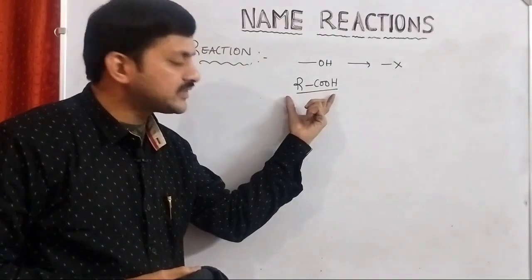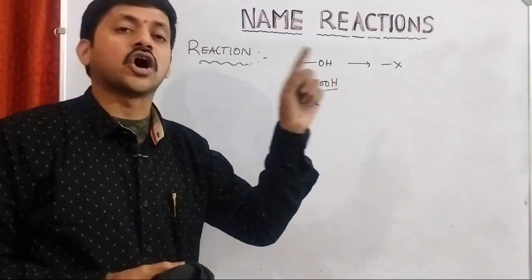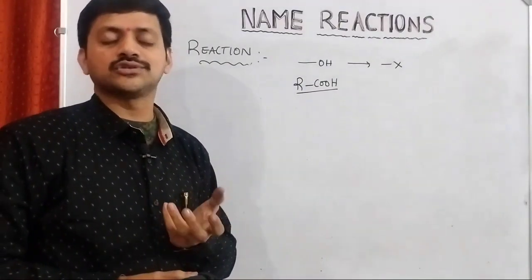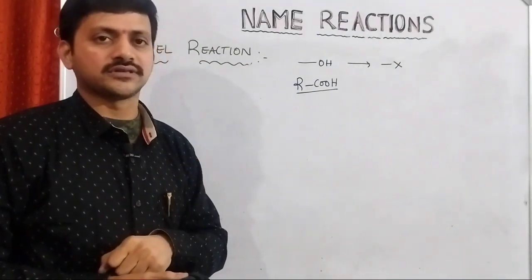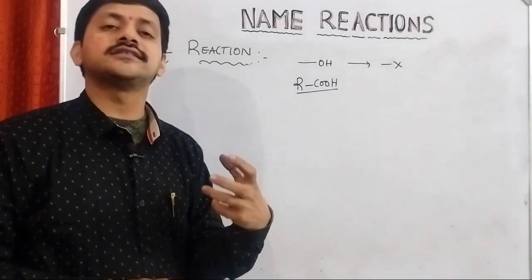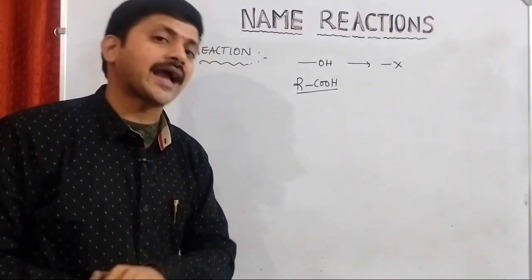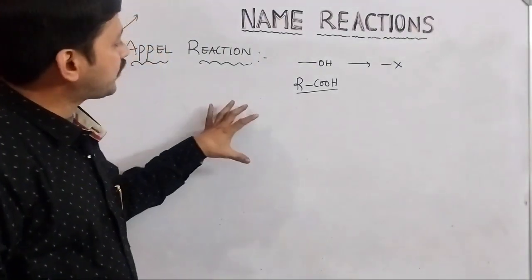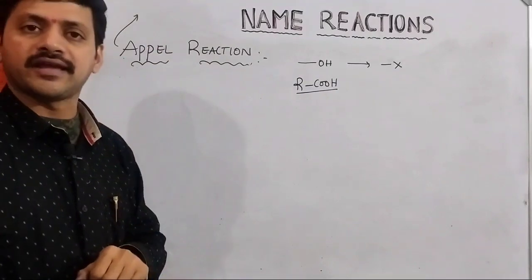From these carboxylic acids we can synthesize or prepare oxazoline derivatives. We all know that oxazoline compounds are very important heterocyclic compounds. They are used as intermediates in the preparation of different kinds of pharmacologically active drug molecules. That's why we are going to have a particular application for this Appel reaction.